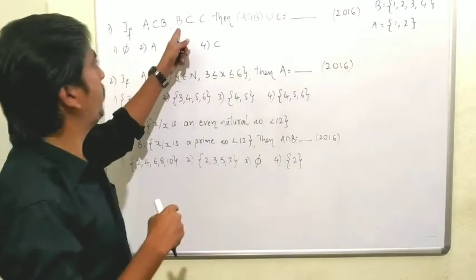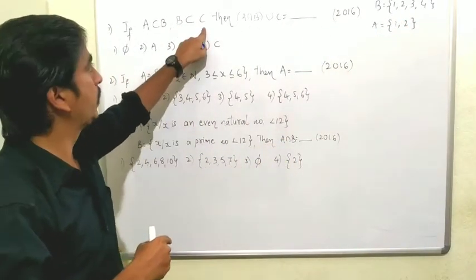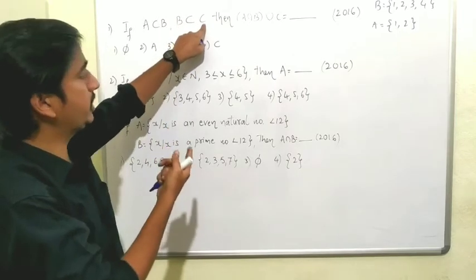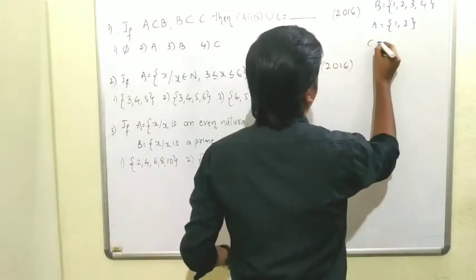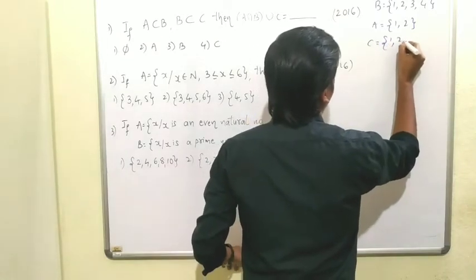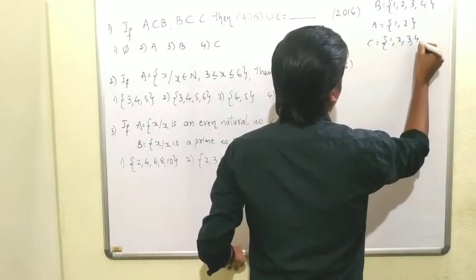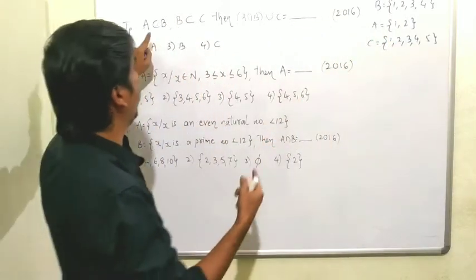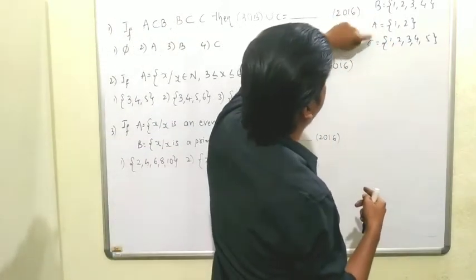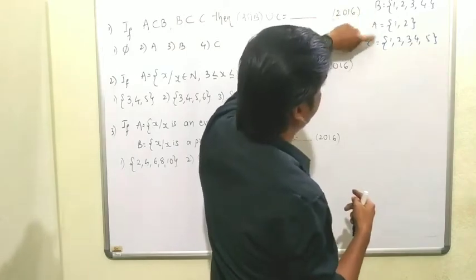And B is a subset of C, so again C is the superset and B is a part of C. So let's take C as a bigger set like 1, 2, 3, 4, 5. These sets satisfy the condition that A is a subset of B and B is a subset of C.